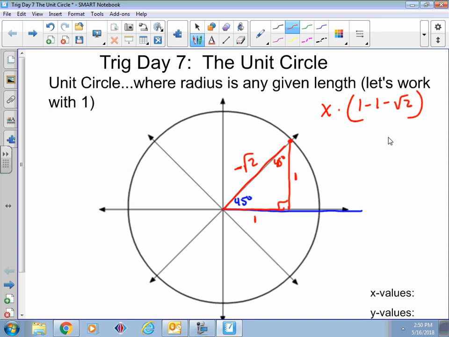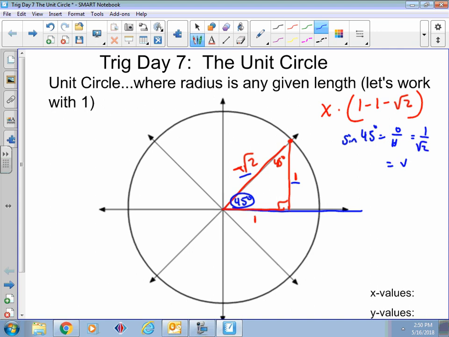The thing is, I want to know quickly what the sine of 45 degrees is, right? That's what this is all about. What's the sine of 45 degrees, cosine of 45 degrees, tangent of 45 degrees? Well, I can look at my triangle here and say, sine of 45 degrees is opposite over hypotenuse. On my 45, 45, 90 right triangle, at that 45 degree angle, the opposite is 1 and the hypotenuse is root 2, so 1 over root 2.